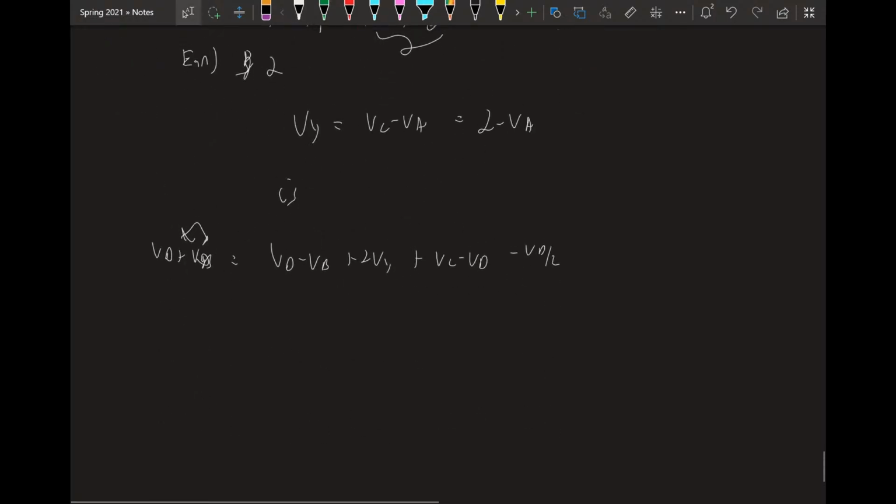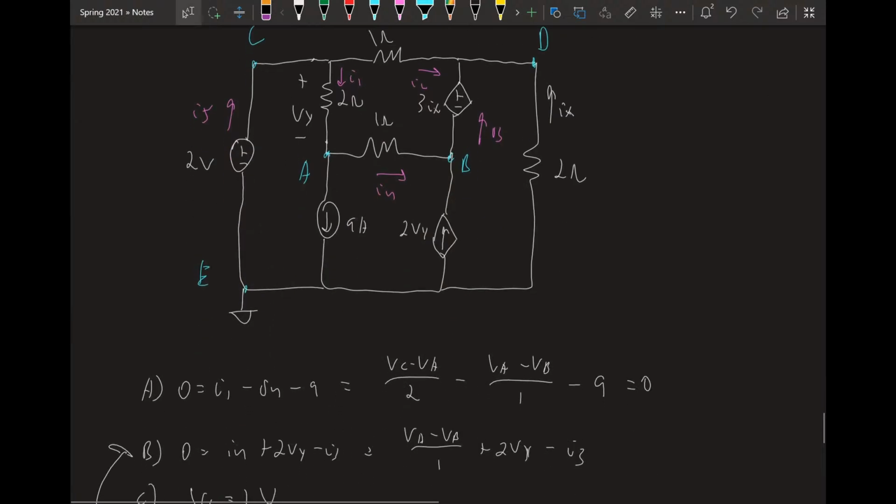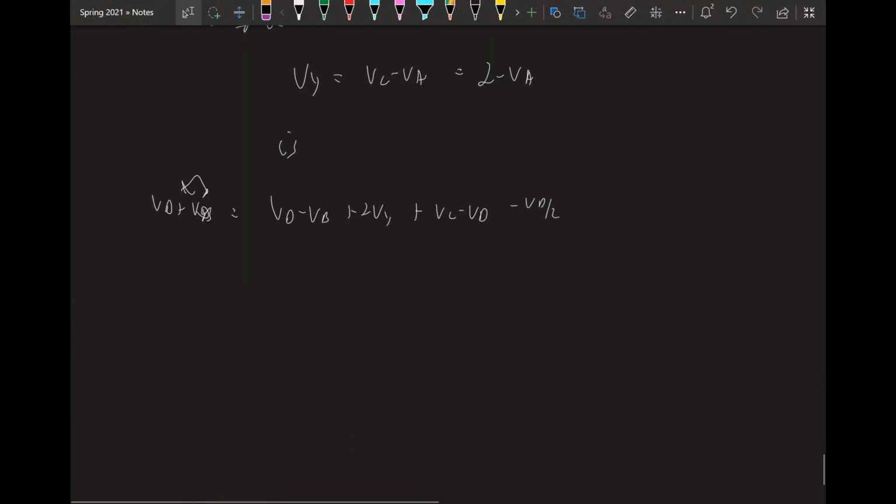And you can see that VD and VB have a voltage source in between them, right? So we know that VB, and let me write the situation here. We have D, we have a voltage source, and we have B, and this is 3Ix. So VB plus 3Ix equals VD. What's Ix?